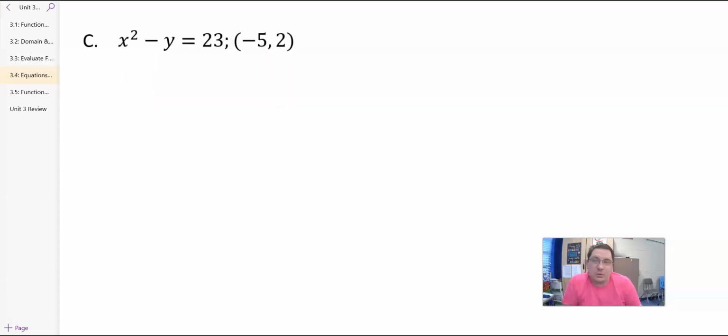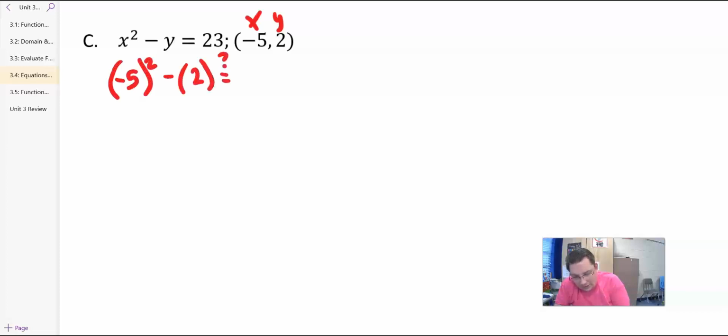In example C, we've got x squared minus y equals 23. And we're checking the ordered pair (-5, 2). So let's see what happens. Remember that this is our x and this is our y. And remember when we substitute, we want to use parentheses. So (-5) squared minus 2, is that equal to 23?